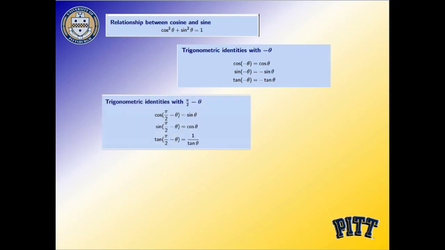Kind of the same. This gets a little tricky because we're dealing with pi over 2 minus theta. But if you want to think about it thoroughly, if you look at right triangles, going behind the premise, if I have a right triangle, I have this angle here, and say this is my angle theta.